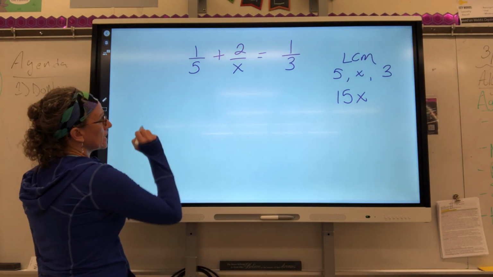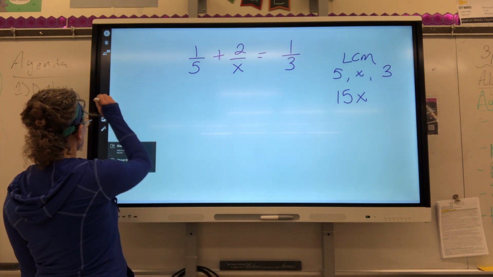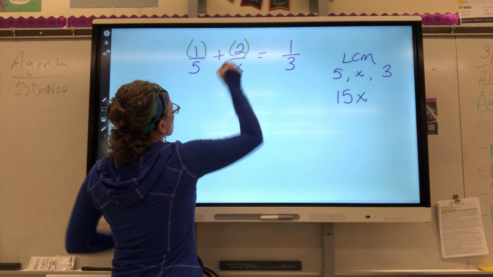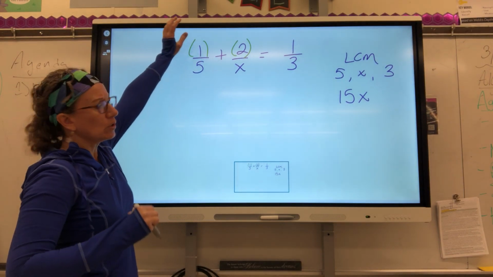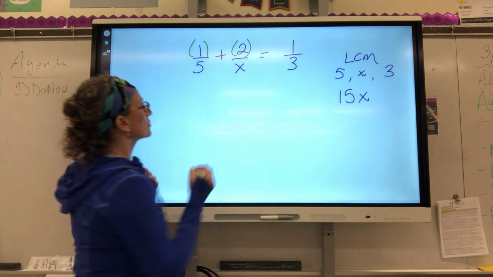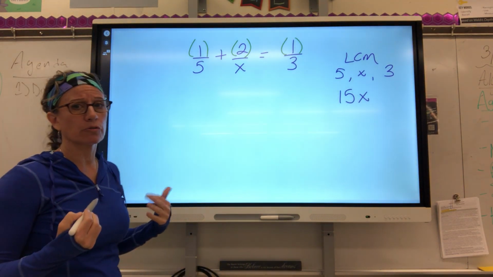So I'm going to put parentheses around everything. And I know at this point it seems kind of strange to put parentheses, but the reason why we're going to get into this habit is because these will be binomial or even trinomial numerators, and everything will have to distribute into that. And so it puts us in good practice for it.